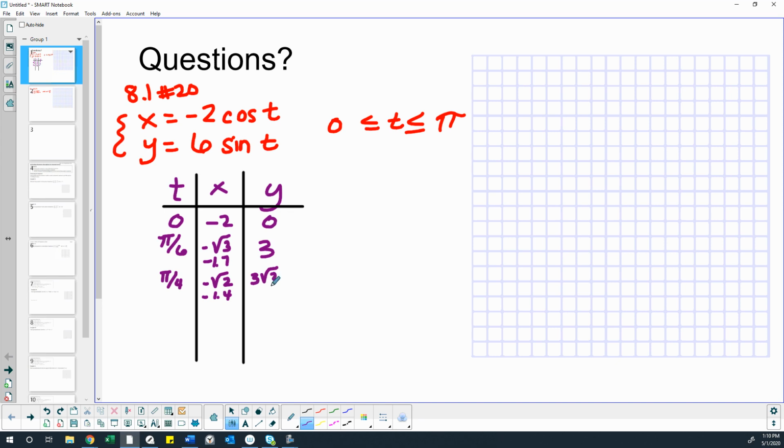I need someone to calculate a decimal for that one. All right, 3 square root 2 is 4.2.